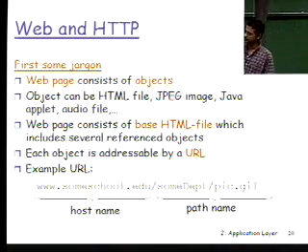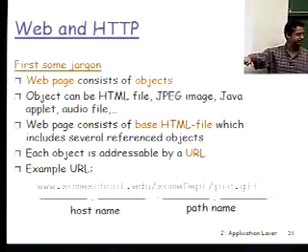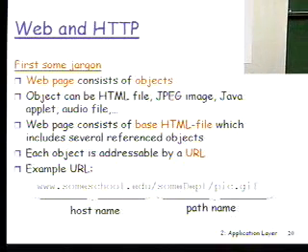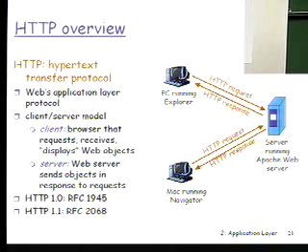On the home page of Columbia, you might have some picture, pic.gif. This is an object, and how is this object going to be transferred? HTTP decides that, and different versions of HTTP do it differently, and they can have significant performance issues with the way things are implemented.